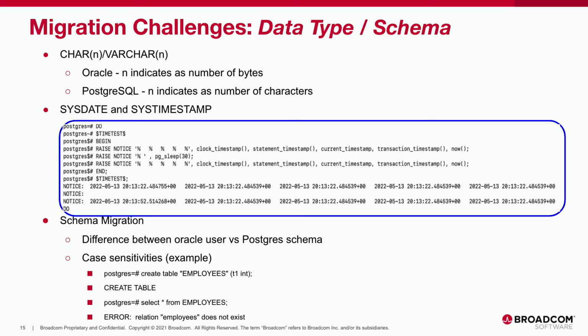But if you notice, in the same statement, if I put a sleep of 30 seconds and then ran the same select statement again, the clock timestamp behaves exactly like sysdate or systimestamp. All the other values do not behave like sysdate and systimestamp.